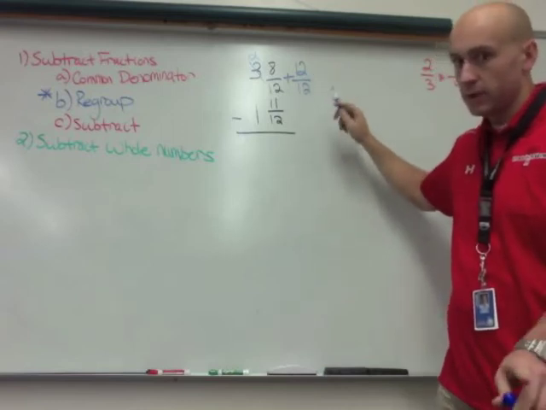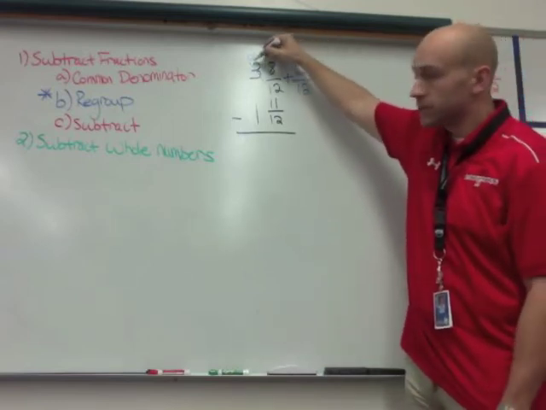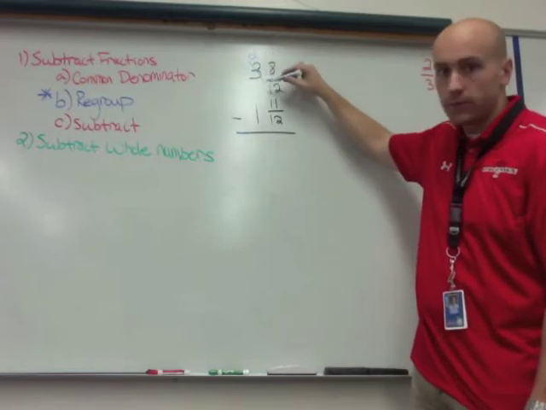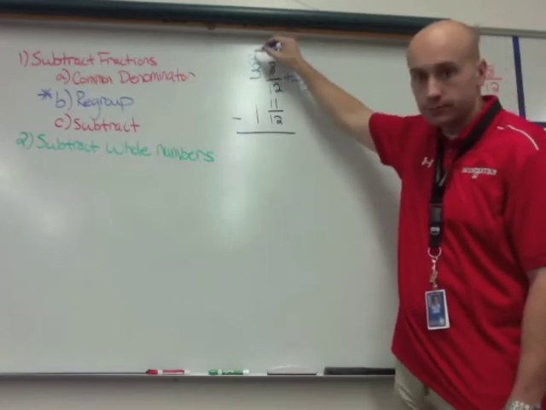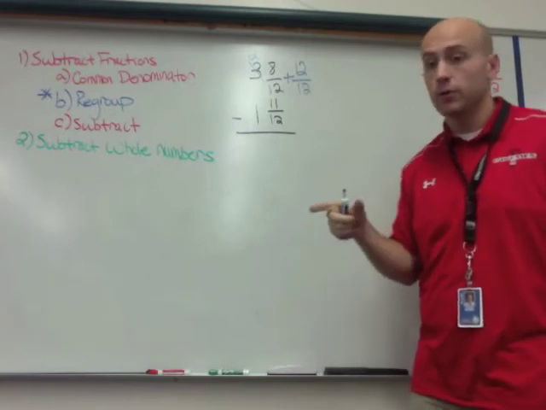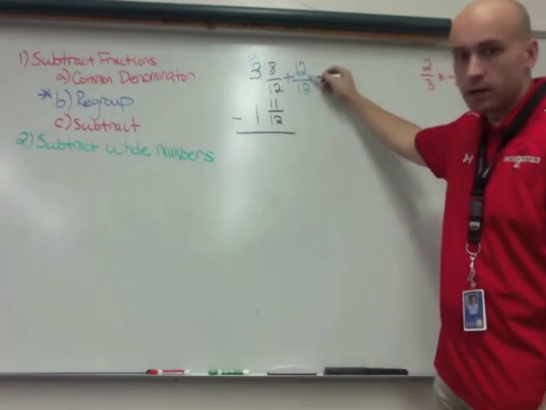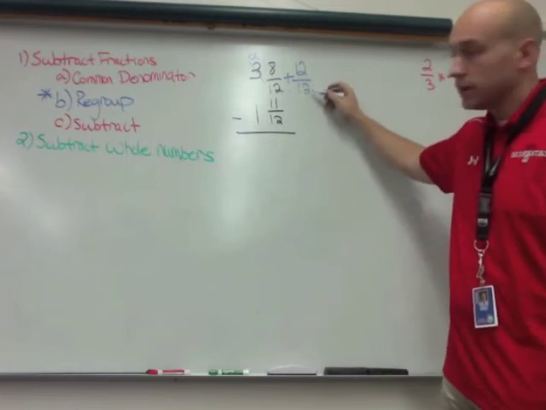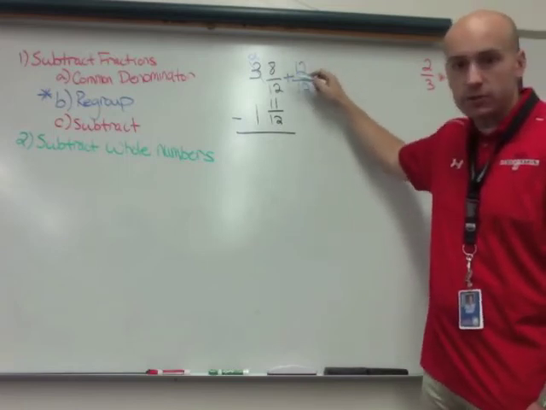So let me go over that really quick one more time. We needed to regroup. So we crossed out the 3 and we changed that to a 2. We took that whole that we borrowed, that we're regrouping, and we're bringing it right here, but we're turning it into a fraction because that's the only way we can add it to 8/12.